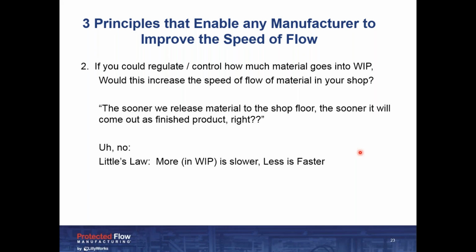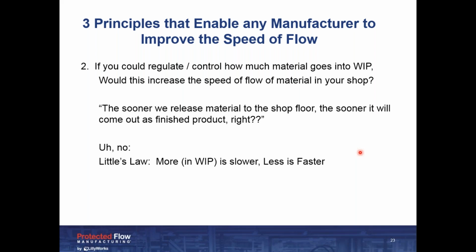The same principle applies in a manufacturing shop floor. The more jobs you send out into work in process, the more material you send out, the longer period of time any one of those jobs is going to be in work in process. The neat part about this is that the inverse holds true as well.